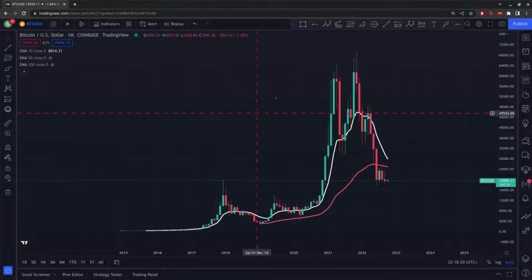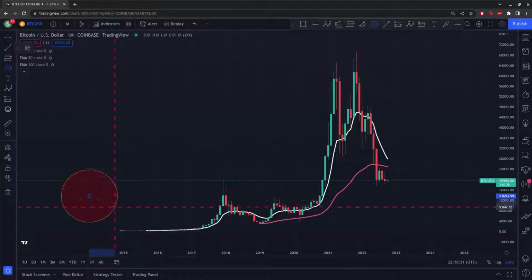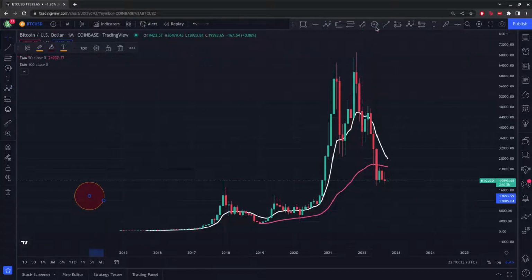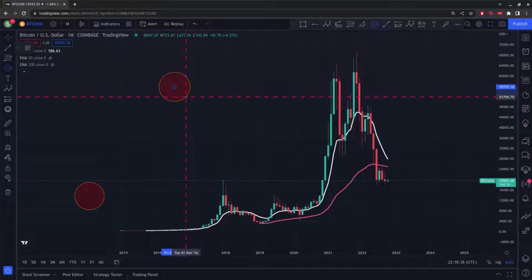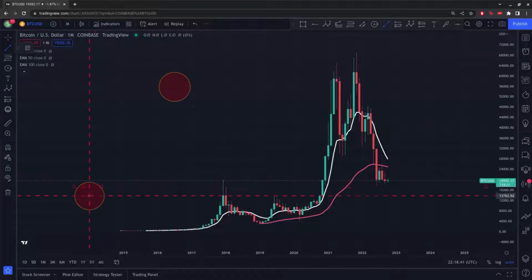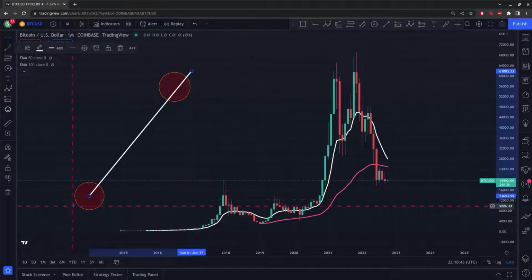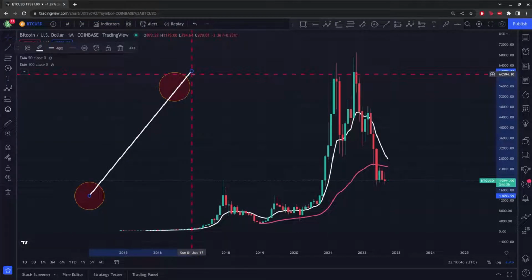So if the market intends on moving from point A to point B down here, it won't just move in a straight line. Of course, once you know the market is making this large move, it's an uptrend, but it won't just move in a straight line. Instead, what you have is waves.